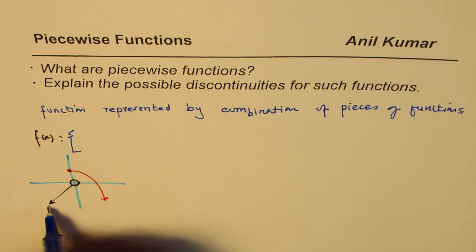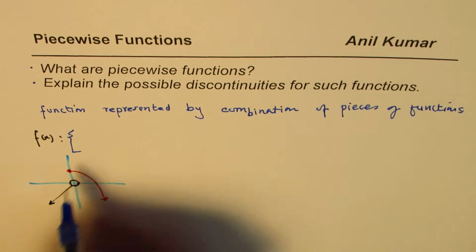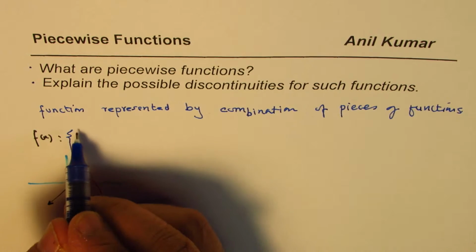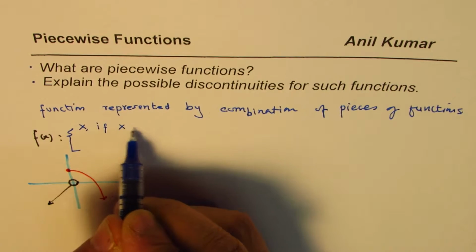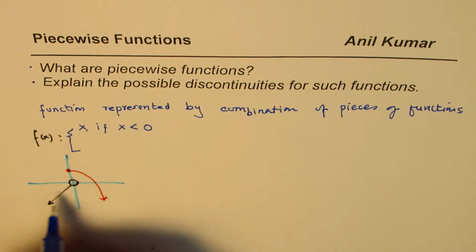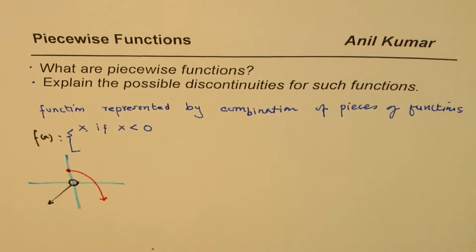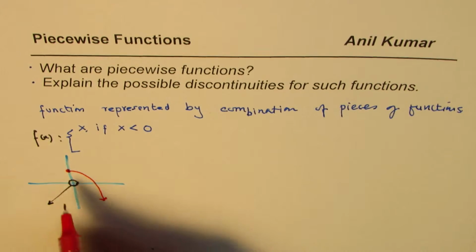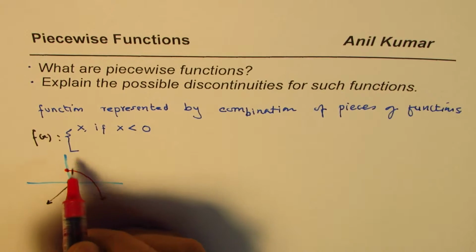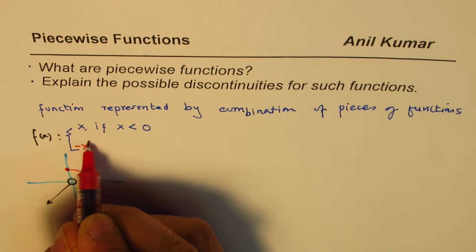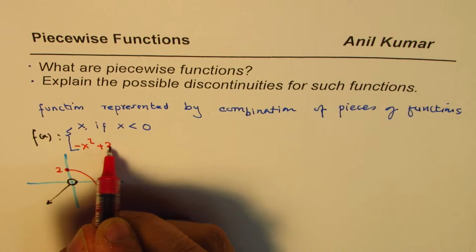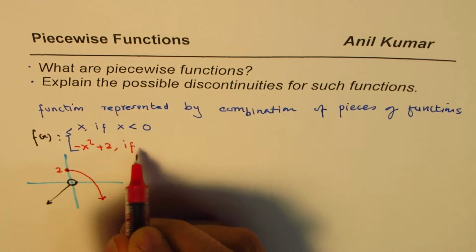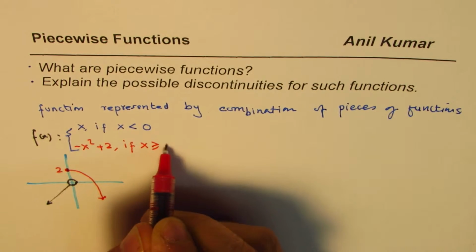We have one piece here which we are saying is f of x equals to x if x value is less than 0, right? So we have not included 0 here. The other piece which we have sketched in red is equal to, let's say, minus x squared, and let's say this point is at 2. So we'll say minus x squared plus 2 if x is greater than or equal to 0.